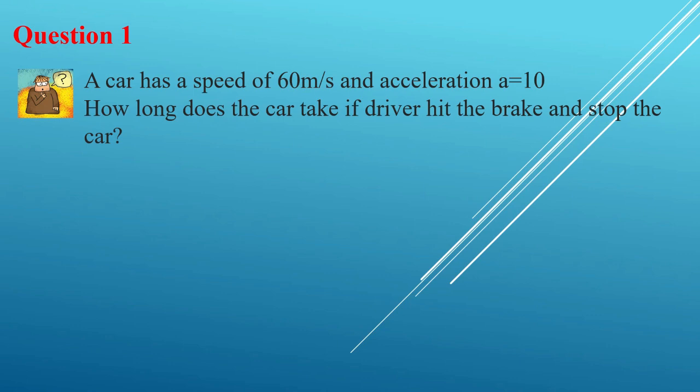Let's solve it together. Here I'm going to work with equation 4 that I mentioned in the previous slide. The reason I'm going to choose it is because I only have the acceleration and speed. That's the reason I'm going to work with equation 4.